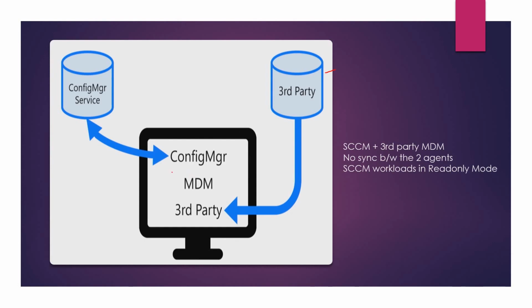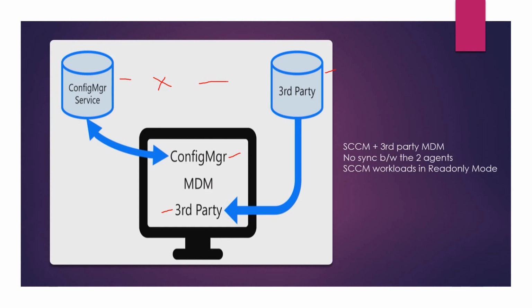At that point, the device is going to have two management agents. One is the Config Manager agent, which is talking to the Config Manager server, and the other is the third-party MDM agent, which is going to talk to the third-party MDM server. And in this case, no sync happens between the Configuration Manager server and the third-party MDM server.